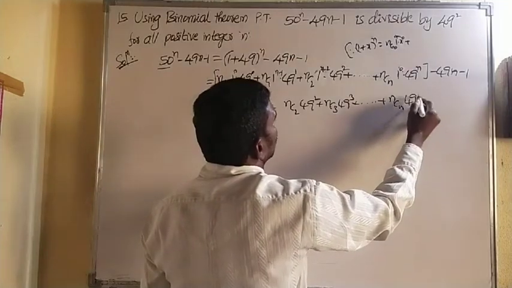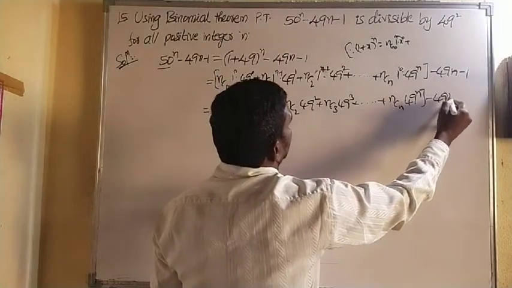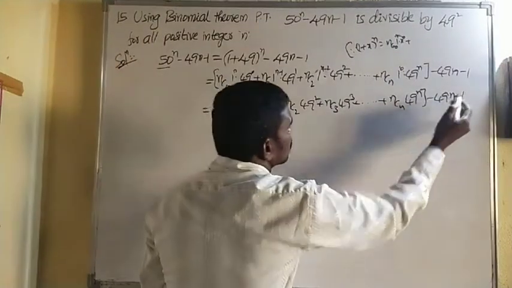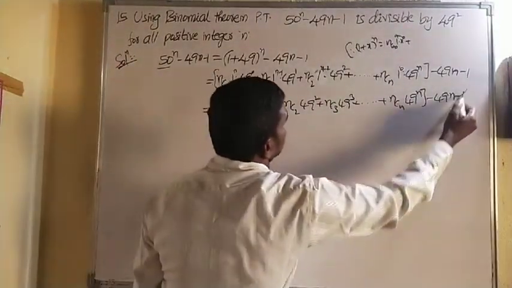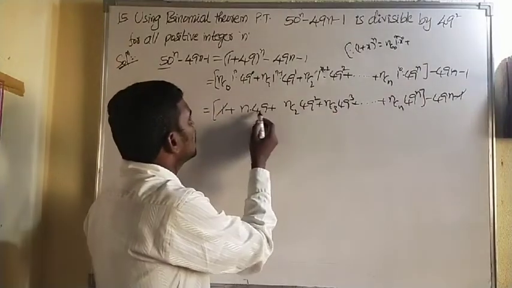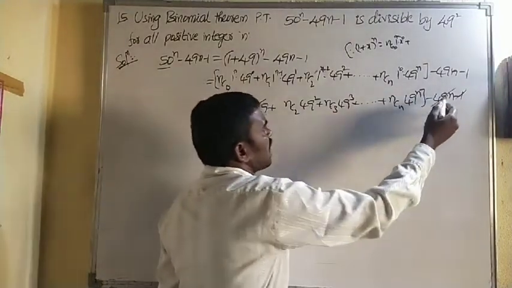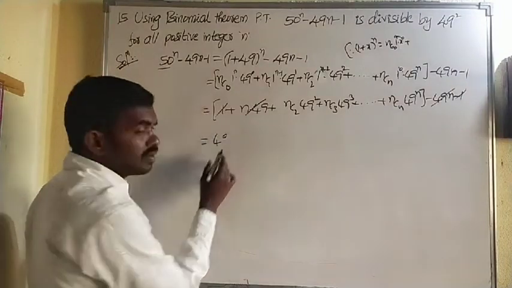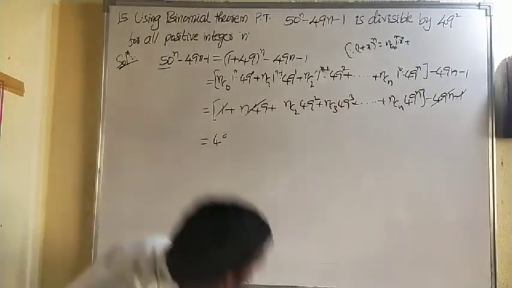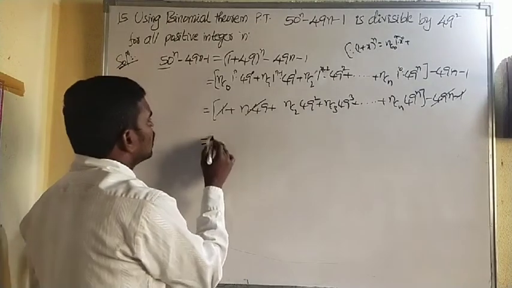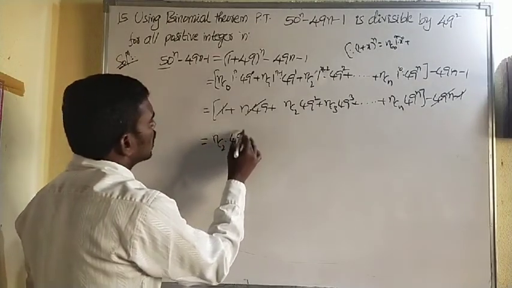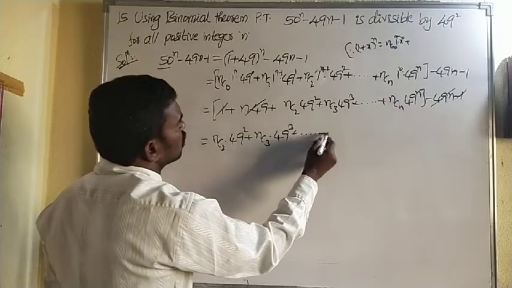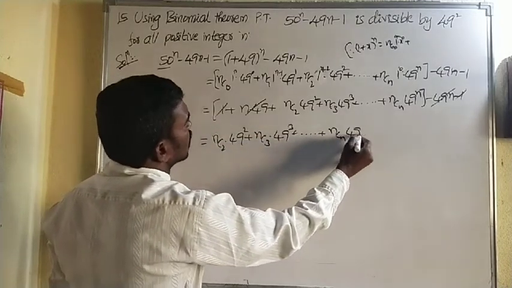So 49 power n minus 49n minus 1. See, this is plus 1 and this is minus 1, so both cancel. Also the 49n terms cancel. So what remains? 49 square. Just two steps and we can complete: NC2 into 49 square plus NC3 into 49 cube plus so on plus NCn into 49 power n.